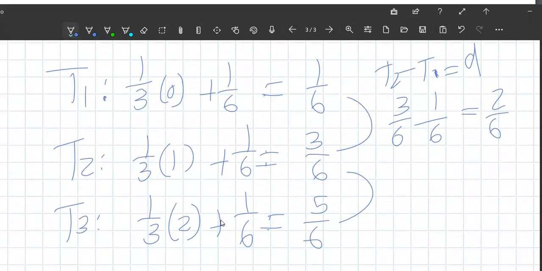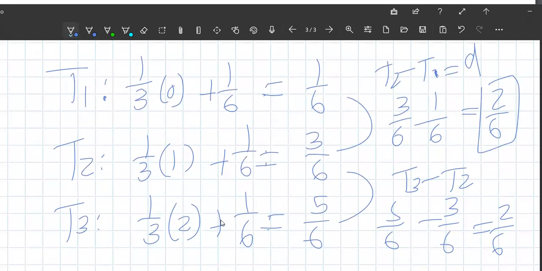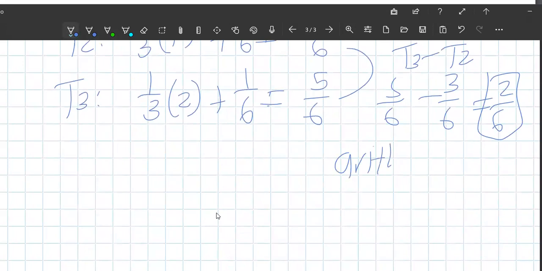And then we do the same here, T3 minus T2 will give us D. So 5 over 6 minus 3 over 6 is 2 over 6. So we see that they're the same. D equals D, therefore this is actually arithmetic. So we can assume it's arithmetic.